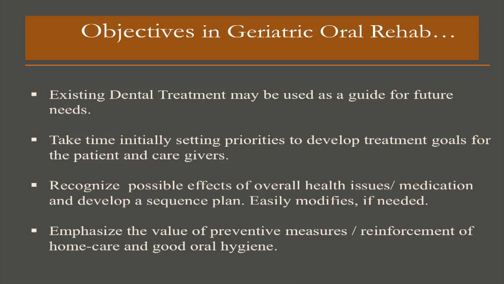We can make the treatment plan in phases, complete phase 1, complete phase 2, and as patients' overall health changes, we can modify those phases and work with them, treat the patient as a whole and not the mouth only. Emphasize the value of preventive measures and reinforcement of home care and good oral hygiene, which is the base of succeeding in any dental treatments.